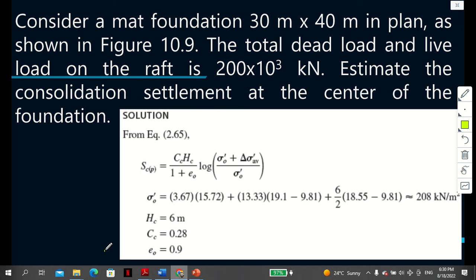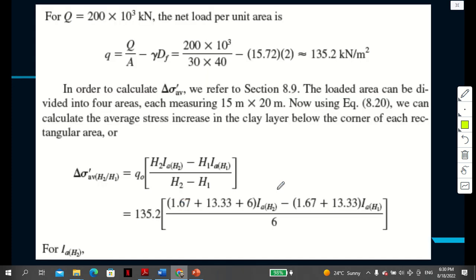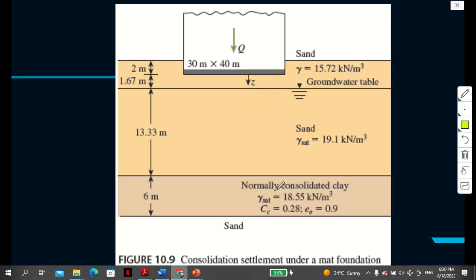Estimate the consolidation settlement at the center of the foundation. This is something you should know. It's not part of the syllabus, but how to calculate consolidation settlement, you should have done in second or third year. So you can read through for yourself.